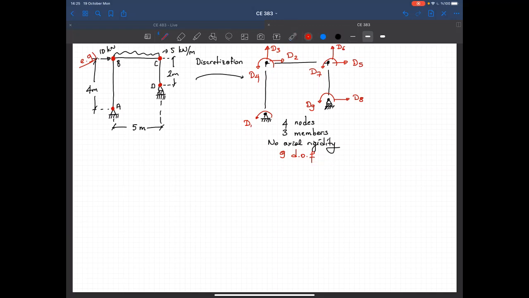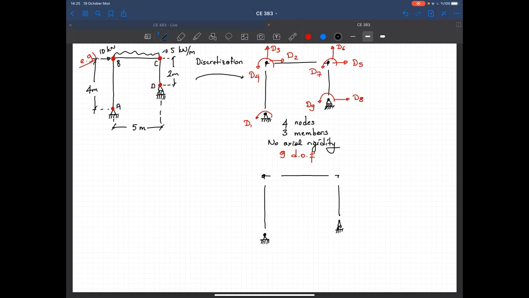So let's see what will happen if we assume axial rigidity. I'll just draw the same figure one more time. Roller support here. That's a node.